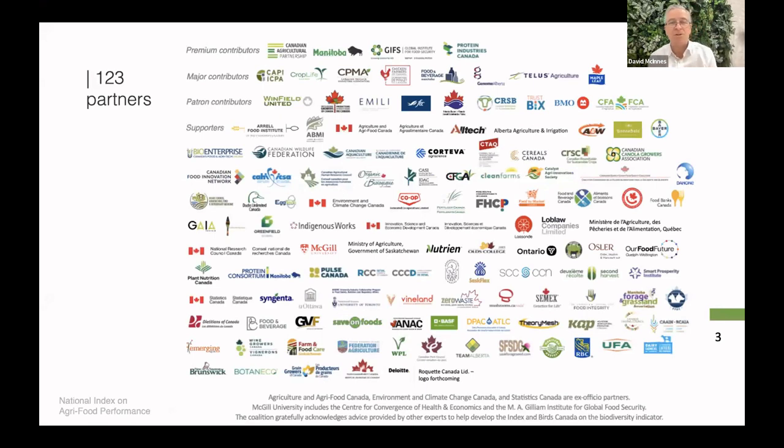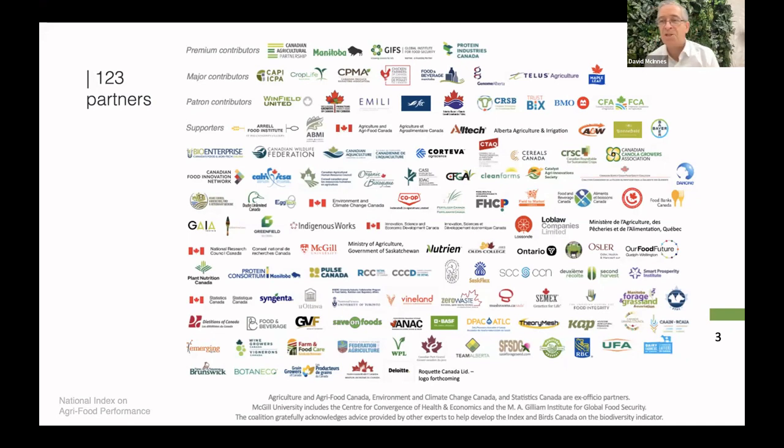And in fact, Sean, you mentioned that there's 80 partners. In fact, there are 123 partners. And as of today, we've just added a 124th. And you can see that this coalition is a very broad pre-competitive coalition representing 3 levels of government: federal, provincial, and municipal initiatives, growers, producers, processors, retailers, financial institutions, social, environmental, indigenous organizations, technology and data firms, policy institutes, among many, many others.